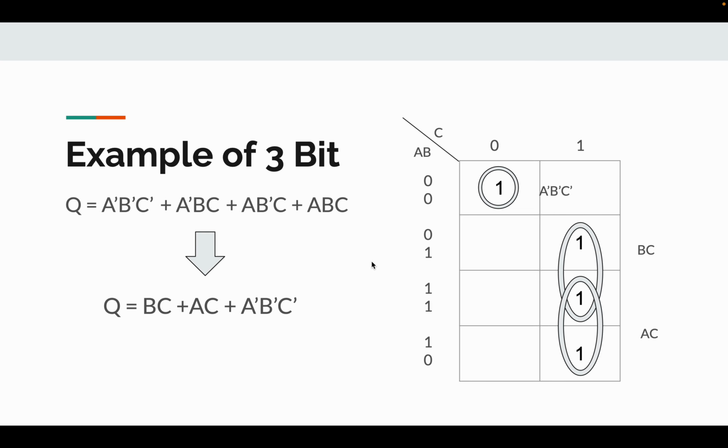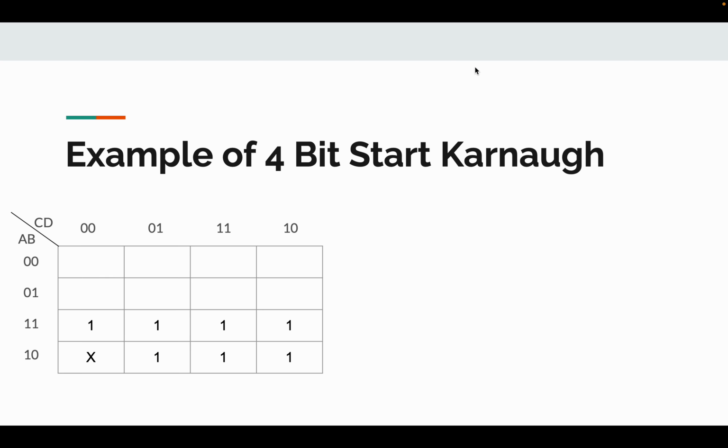Now for our next example, it's going to be a 4-bit Karnaugh map. But this time we're going to start with the Karnaugh map, because there are some problems where we could start with the Karnaugh map, and there are some where we could just start from scratch, as we can see from the previous equation.